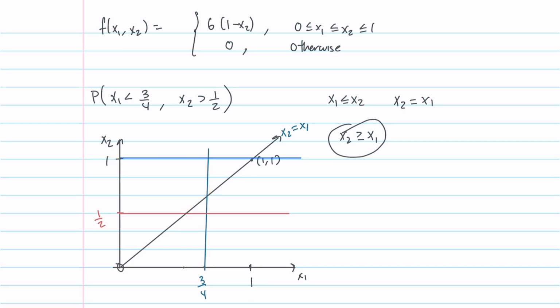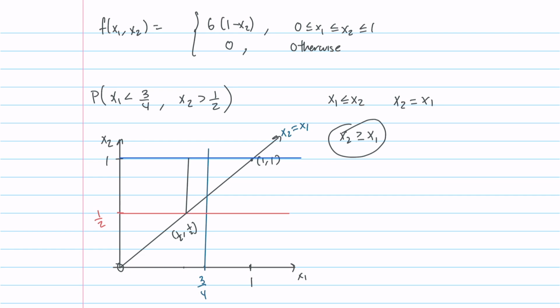But here is the tricky part. The bounds of integration change for x2 and x1. For x2, they change as soon as we get to this point here, which is (1/2, 1/2).